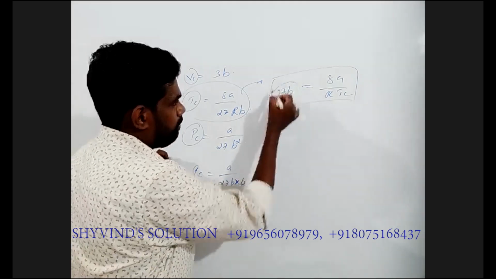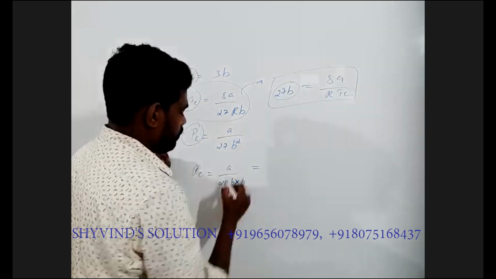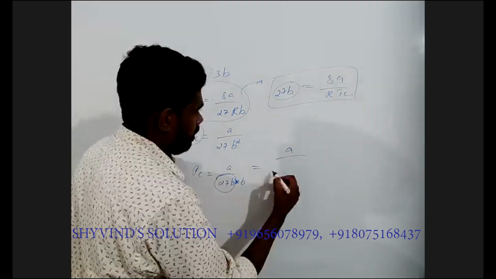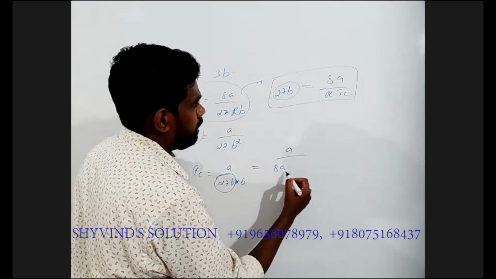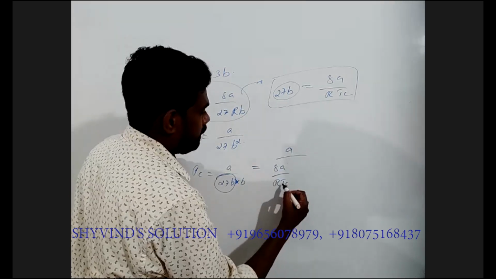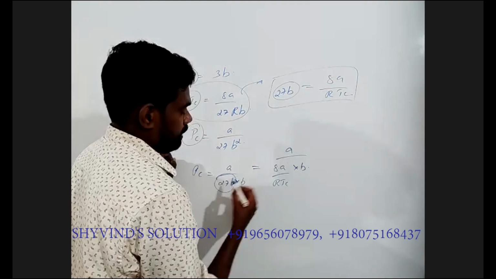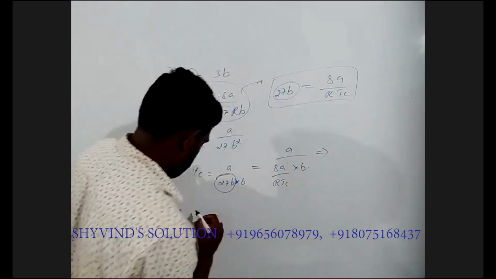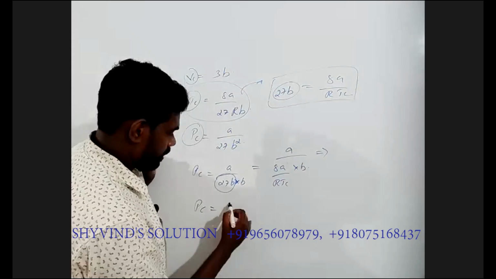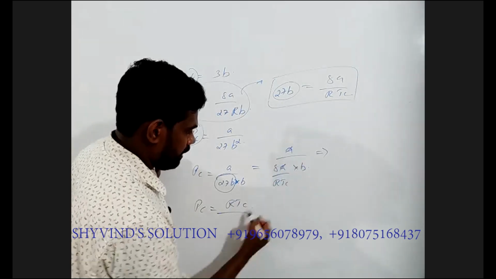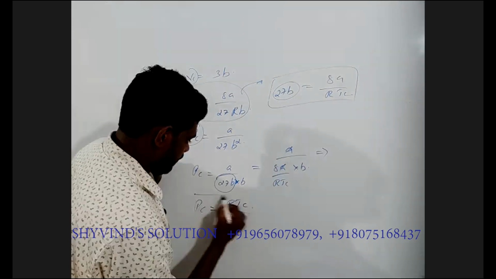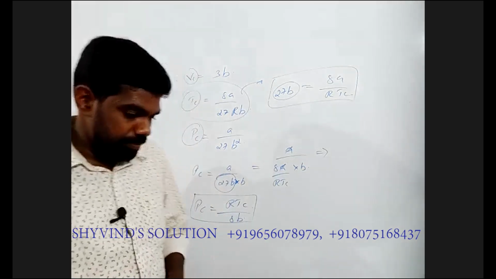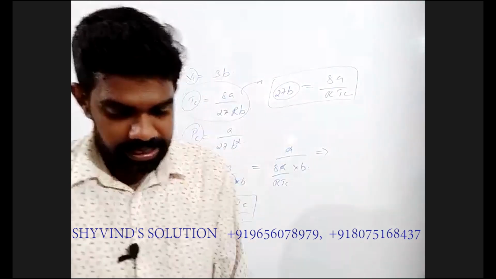And 27B equals 8A by R. So if I substitute this 27B by this value, we'll get 8A divided by RTC into B. So that is PC. So PC equals RTC divided by 8A and A cancels, 8B. So we will get the relation: PC equals RTC divided by 8B. So this is the relation you will get.